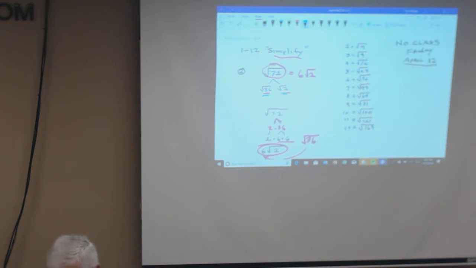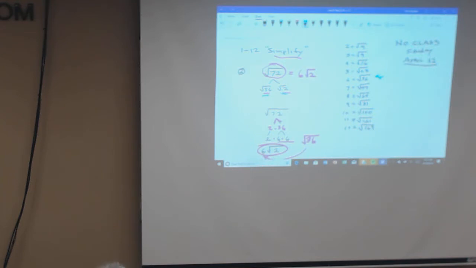You can probably see why I picked 2, because 2 goes into 72 easily, but there's another reason I like 2, because it's 2 times 36. And why do I like 36? Because it's on my chart there.